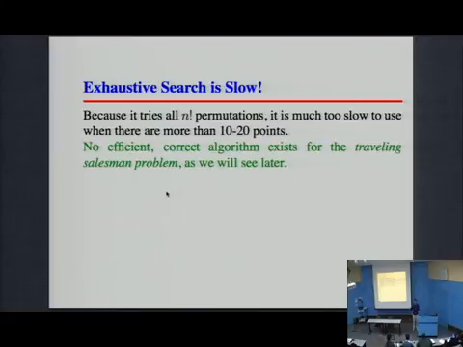Anybody have a calculator? 19 factorial is going to be an ungodly number. You divide it by 2, it is still an ungodly number. There is not a computer on Earth during the rest of recorded history that will be able to go through 19 factorial things. So if we want to find the optimal tour, we can't do it by exhaustive search.